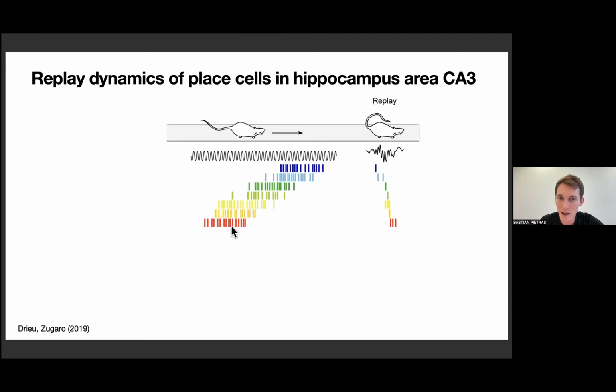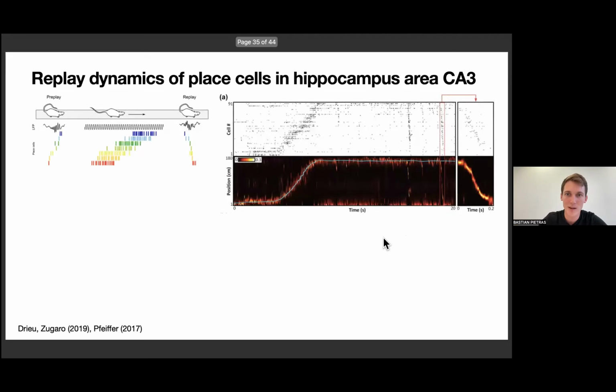So we have this sequence of active patterns now going in reverse. Sometimes this can also happen in the reverse direction. This is called preplay. So this is a nice cartoon, but it also exists in real data. Usually people measure data from CA1 because it's easier.